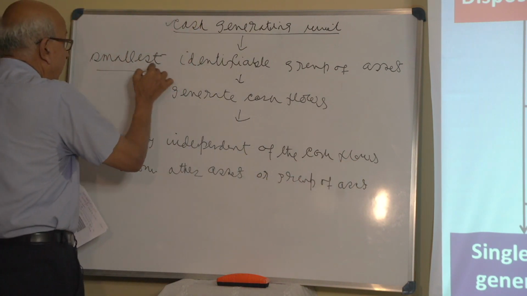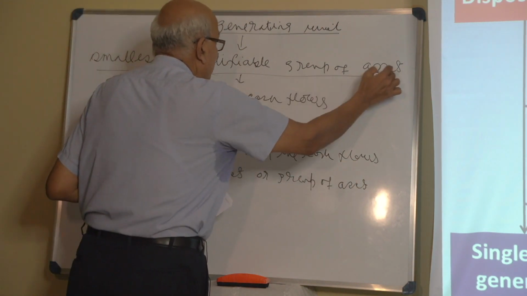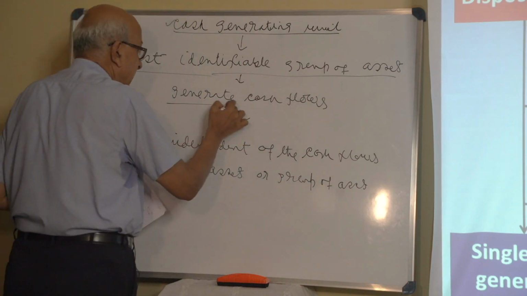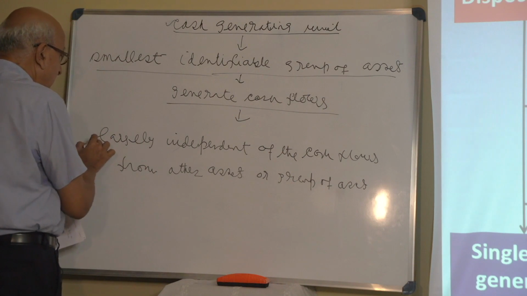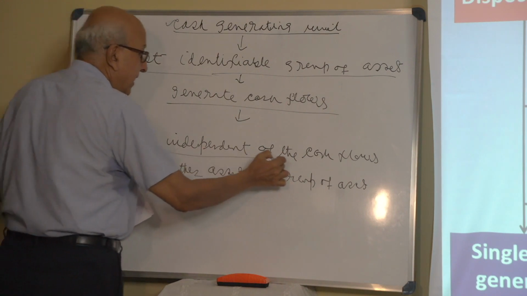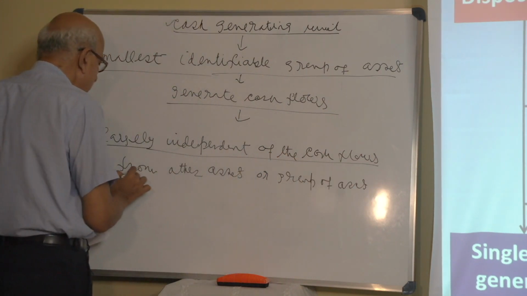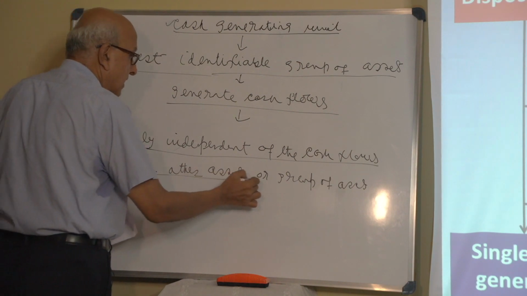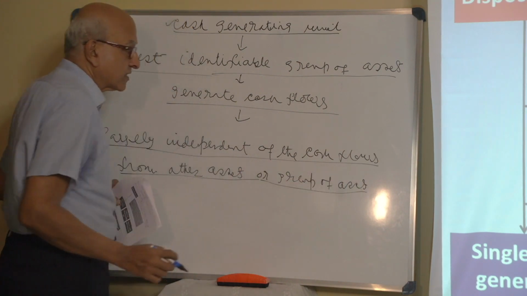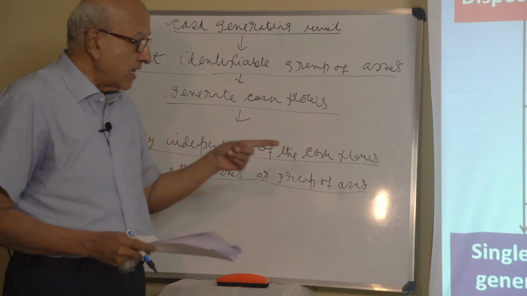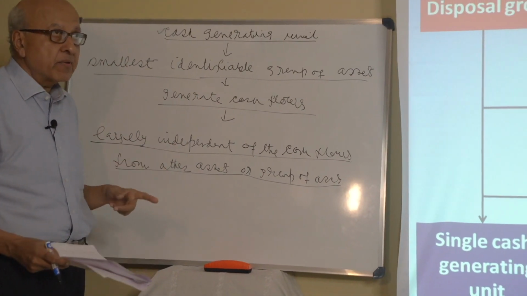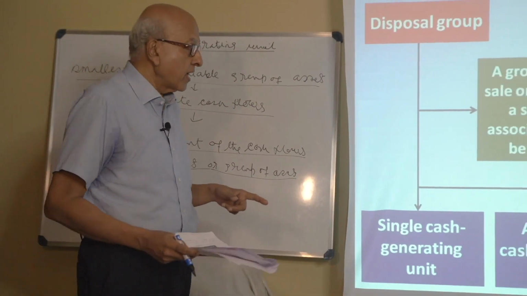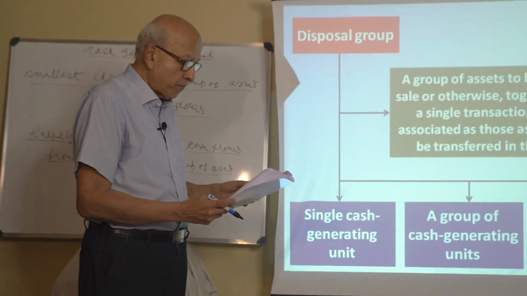So, smallest identifiable group of assets, they can generate cash flows on their own, largely independent of the cash flows from other assets or group of assets. So, it can be a single cash generating unit, it can be a group of cash generating units, it can be a part of a cash generating unit.